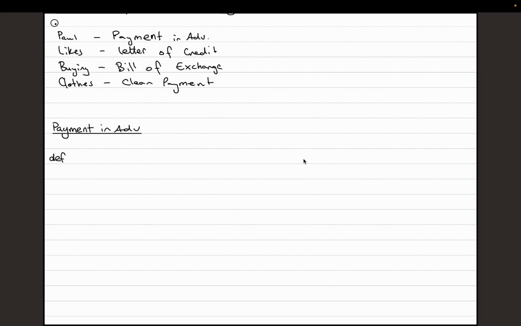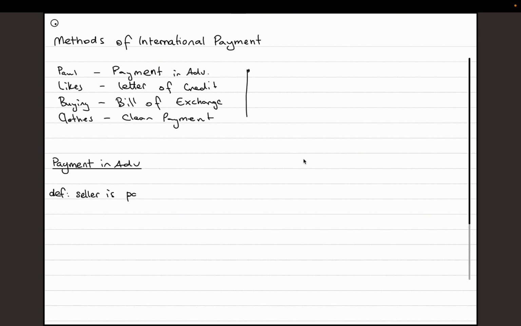Definition. So this is when seller is paid. Also, this is in order, from safest for seller to least safe for seller, from the perspective of the seller.